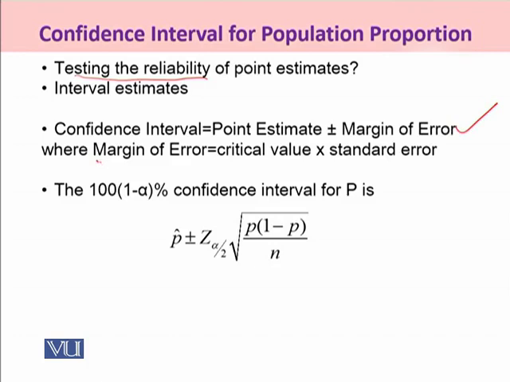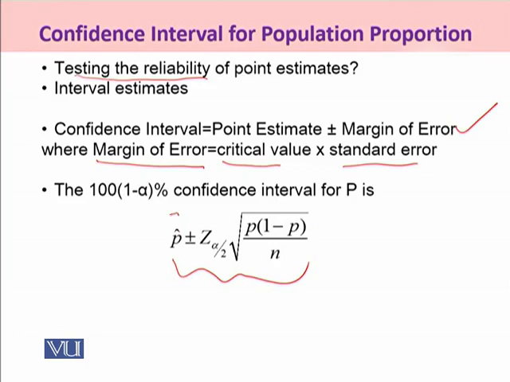Where, what is the margin of error? It is calculated as the critical value multiplied by the standard error. So students, the formula we get is called the 100 into 1 minus alpha percent confidence interval for P. This is the formula using which we are going to estimate the unknown population parameter, that is the population proportion.